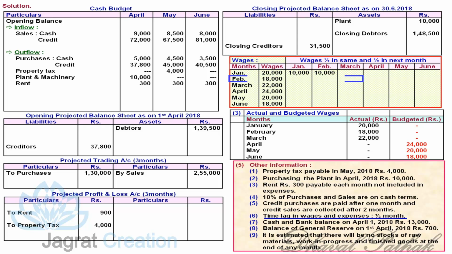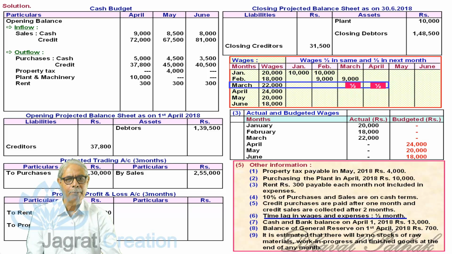February wages, half paid in February, half paid in March. March wages, half paid in March, half paid in April. So March total 22,000. On 31st of March, 11,000 will be outstanding.